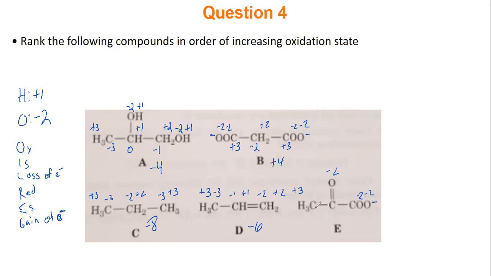And then E, -3, +2, then a +3. So overall +2. And so if I'm ranking them from most negative to most positive, it goes C, D, A, E, and then finally B.